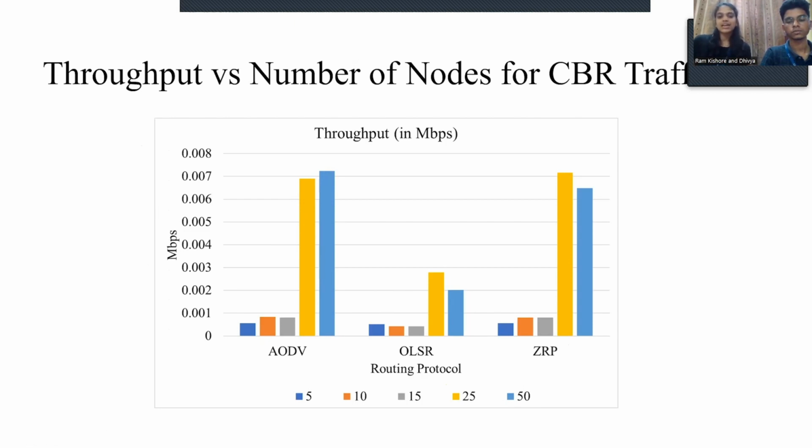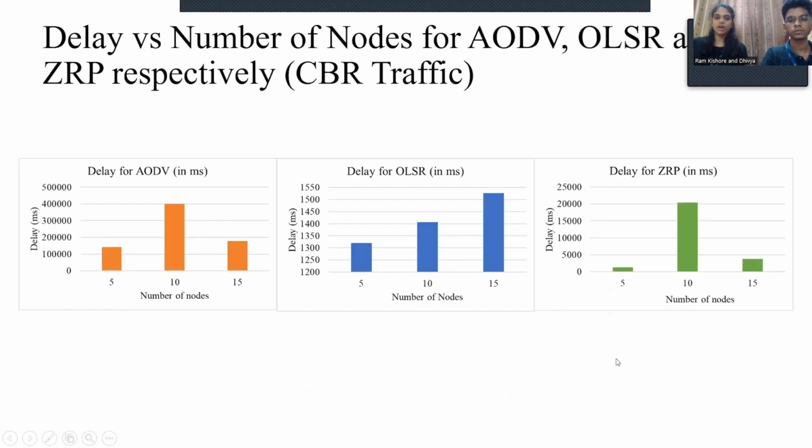As the network density increases, AODV's connectivity also increases, leading to improved throughput as more nodes become available for forwarding. In contrast, OLSR and ZRP use proactive and hybrid routing techniques respectively, and as network density increases, contention lowers throughput compared to AODV.